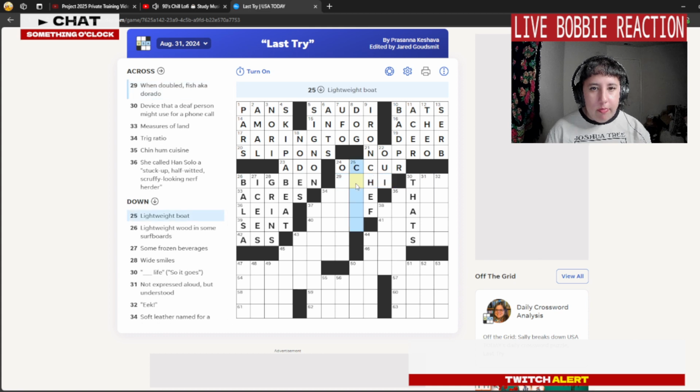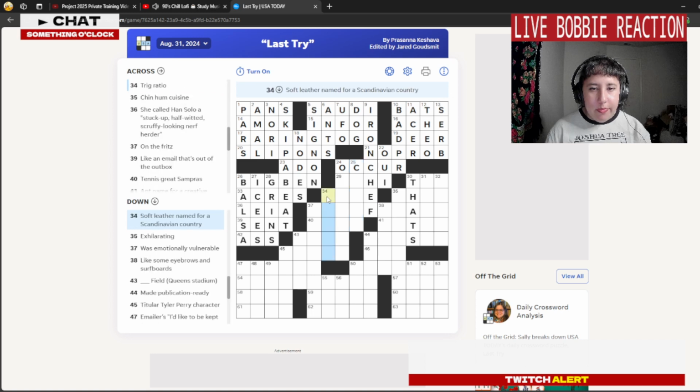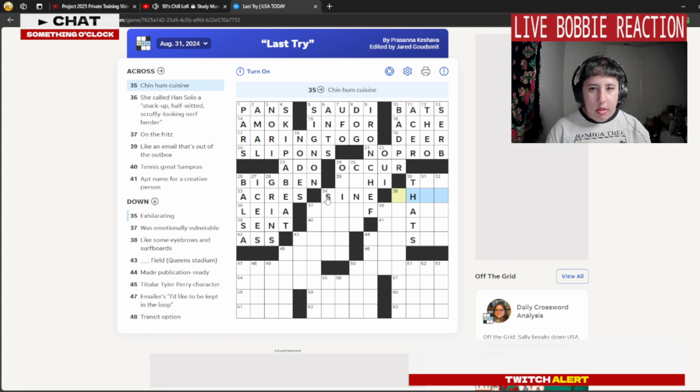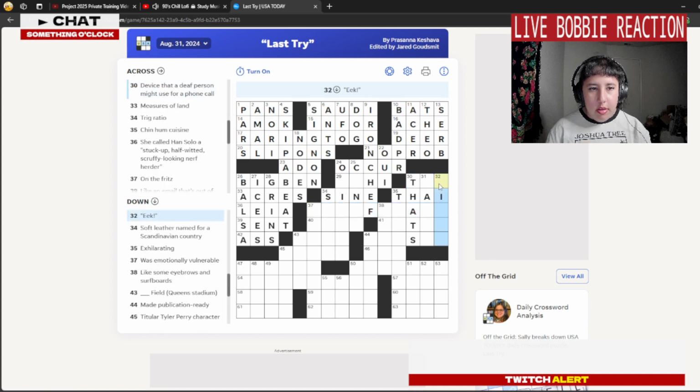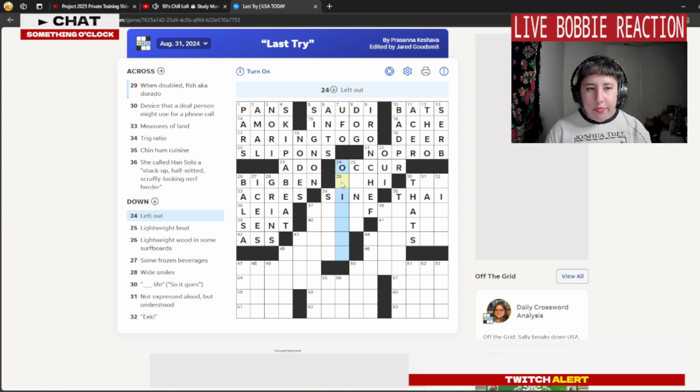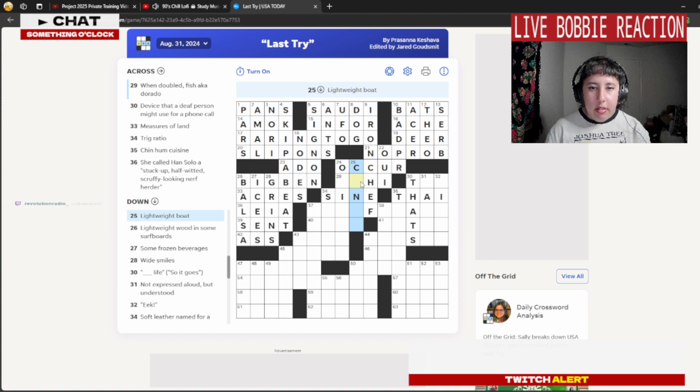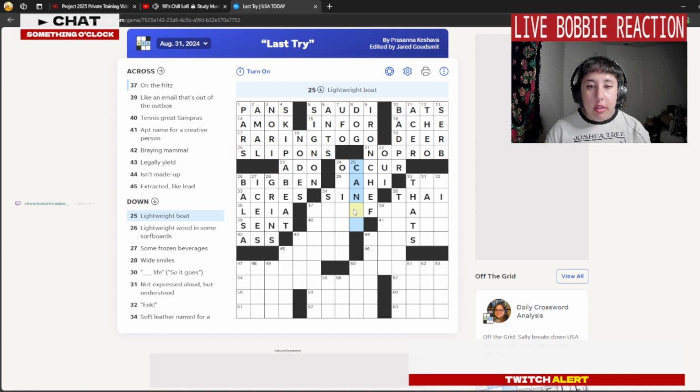Lightweight boat. I don't know. I don't know boats. I'm not a boat guy. I hate also that they don't let you reveal the letter. You have a limited number of help things, which blows. Catamaran. No, it's this one. A, okay, we're getting there.